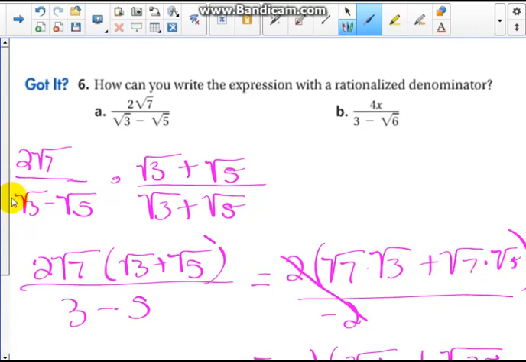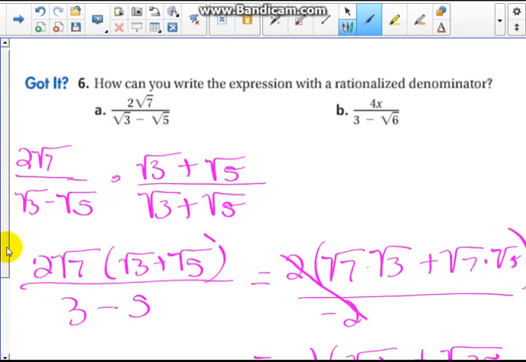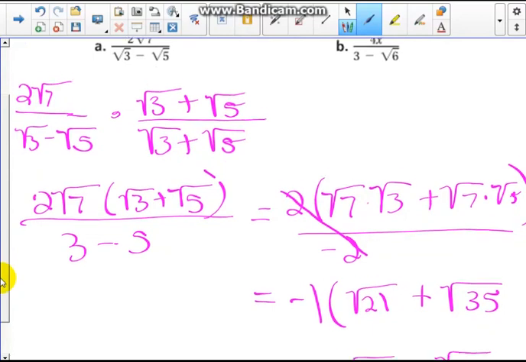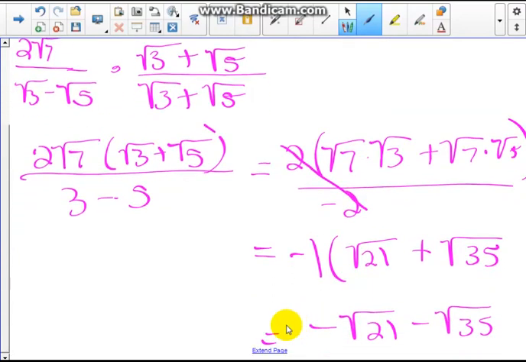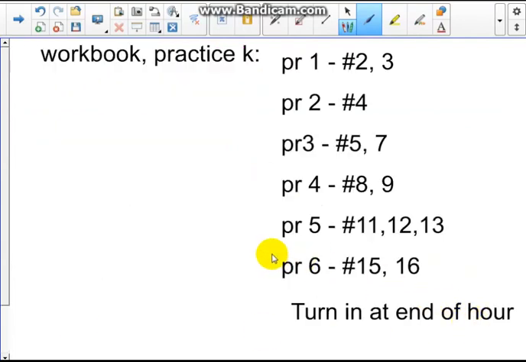Here's the last got it, A, and here is the solution worked out. Our answer is equal to negative radical 21 minus radical 35. And the last problems that we're going to work with, problem 6, was numbers 15 and 16.